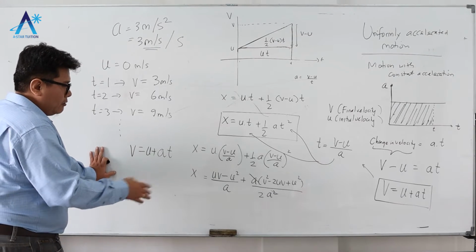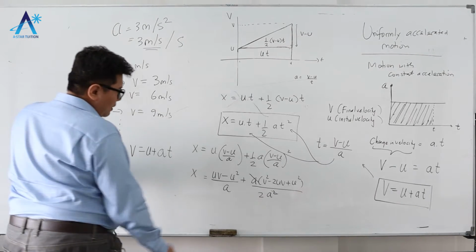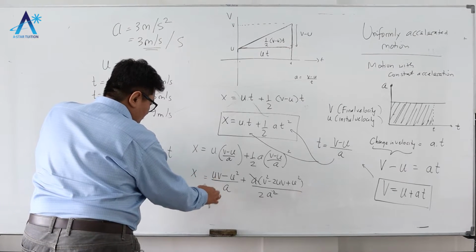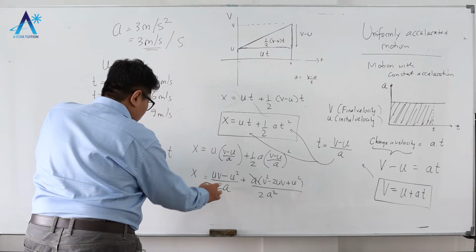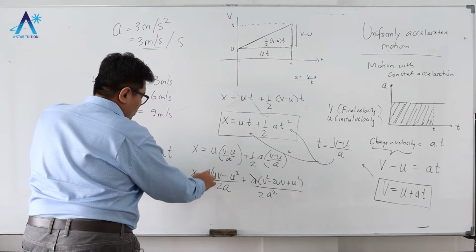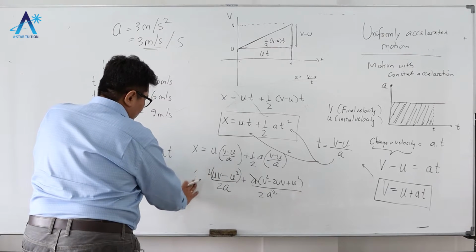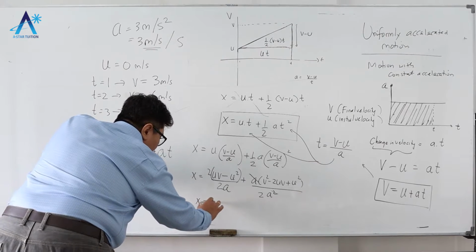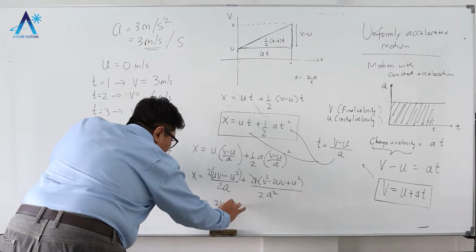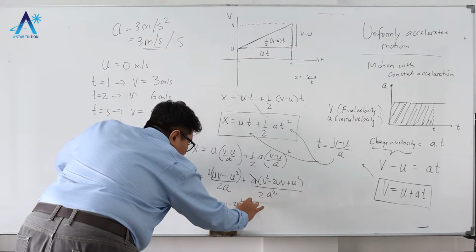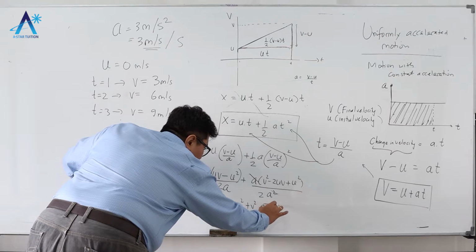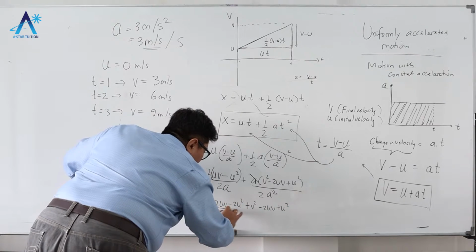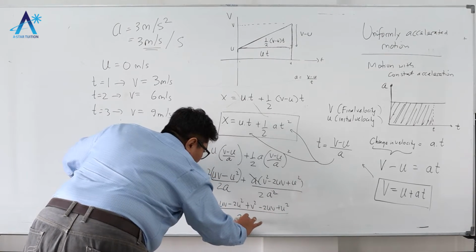Now you can equalize the denominator by multiplying the first fraction's denominator by 2, and the numerator by 2 as well. Then you can combine, and you'll wind up with 2u phi minus 2u square plus phi square minus 2u phi plus u square, and then the whole thing divided by 2a.